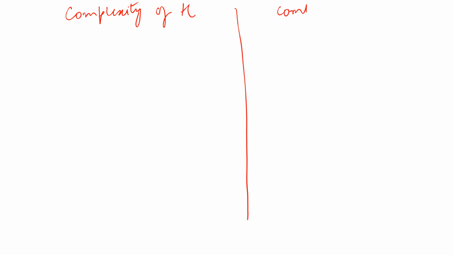So what I wanted to do here is to come up with two sections and differentiate between the complexity of H and the complexity of F. Both contribute to my learning problem, but we'll try to understand how the complexity of H impacts versus how the complexity of F impacts.